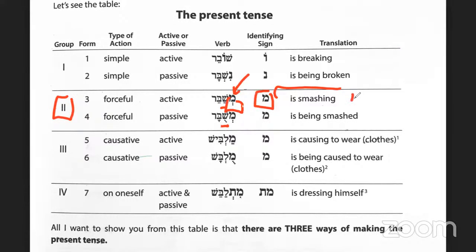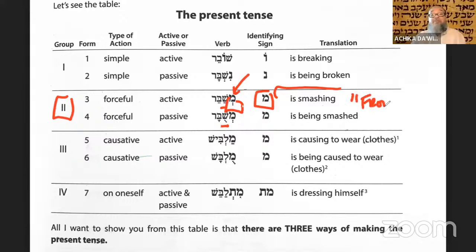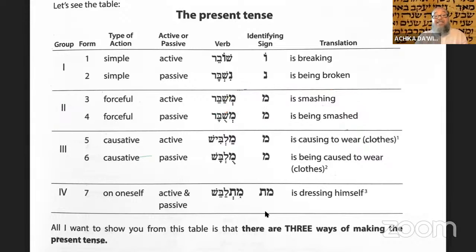From. From, exactly. So if it's from, you have to know, how can I differentiate between it meaning from and meaning present tense, active, or present tense passive? How can I differentiate between the 2? And they're going to teach that to us. Okay. And so all of these things are going to be by sight and sound.